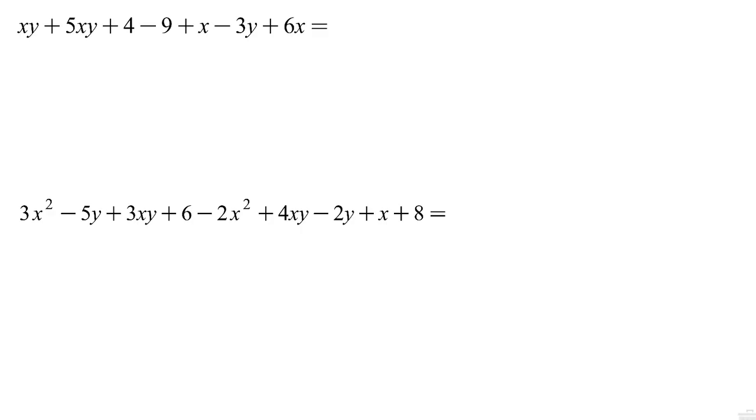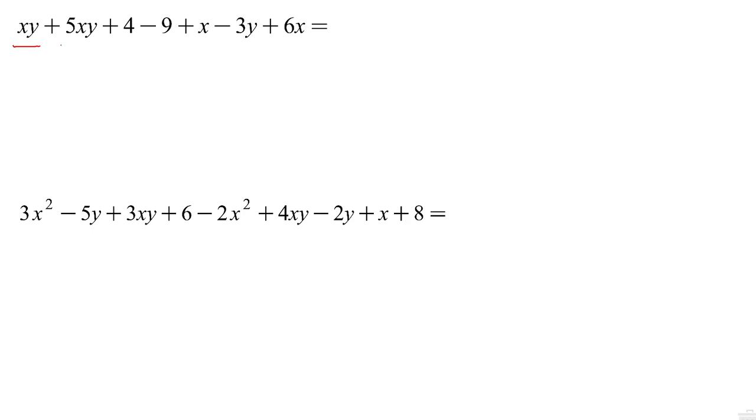Now we're going to look at a couple of more complicated ones. We still need to go through and underline all of the like terms. So in the top one, we'll start with this xy. X times y is one variable expression. It's x and y together. If we look, are there any other places in this expression where there's an x times a y?